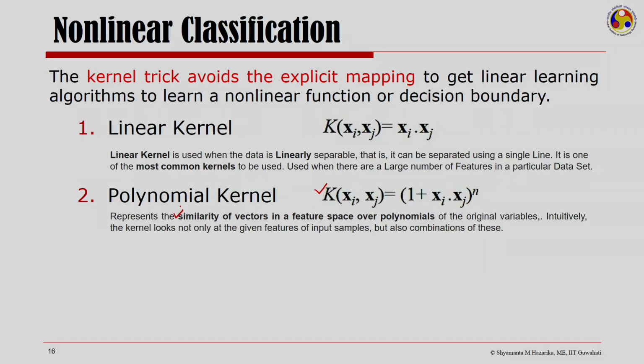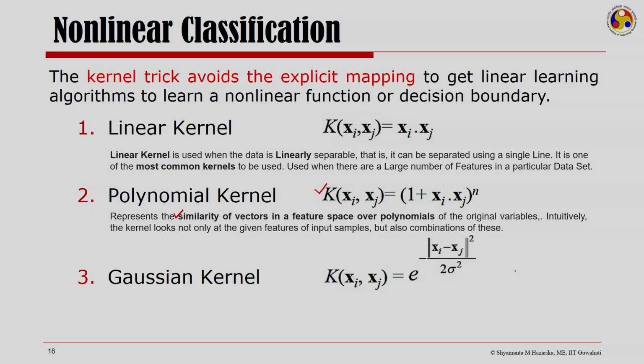One of the most popular support vector machine kernels is the Gaussian kernel, referred to as the radial basis function.